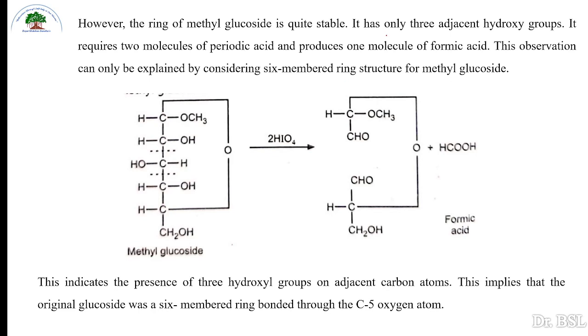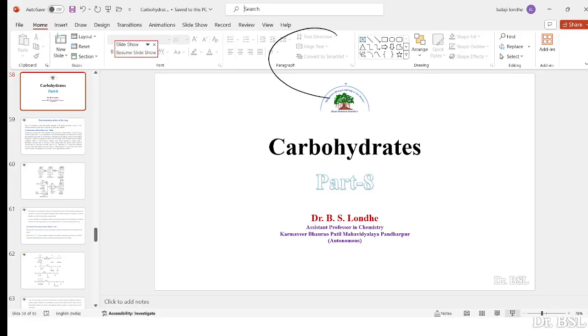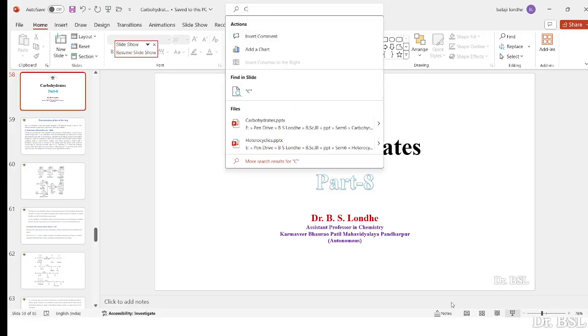It has 3 adjacent hydroxy groups. It requires 2 molecules of periodic acid and produces 1 molecule of formic acid. This observation can only be explained by considering the 6-membered ring structure of methyl glucoside. So if we consider 6-membered methyl glucoside, then we can explain all these facts.